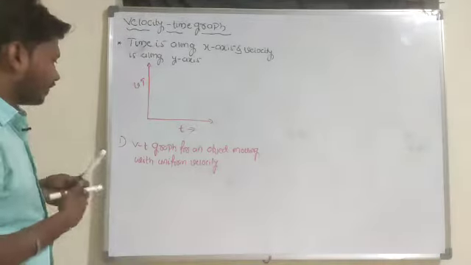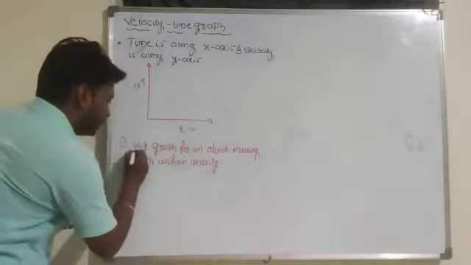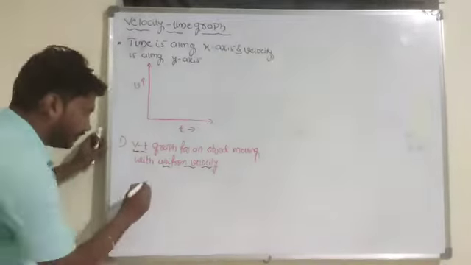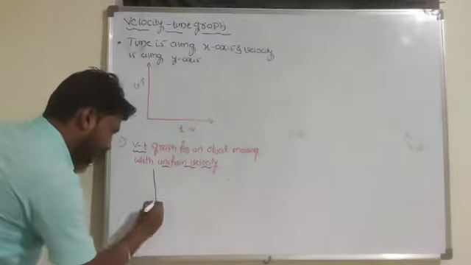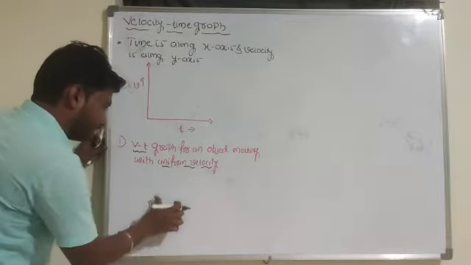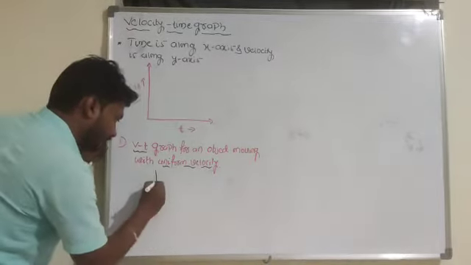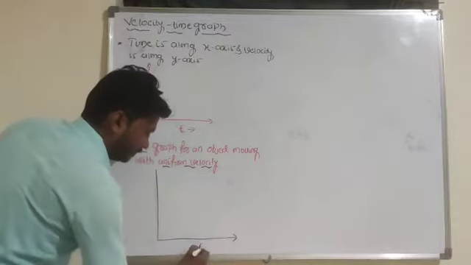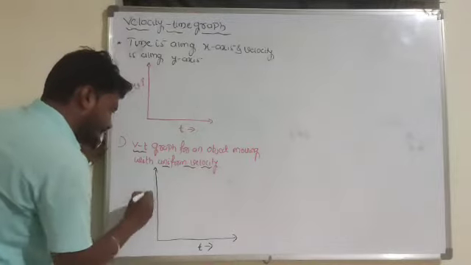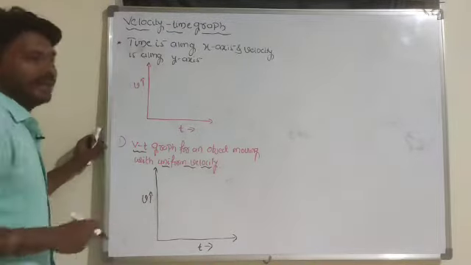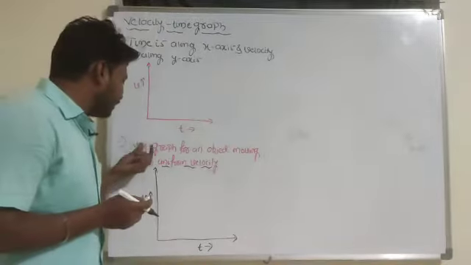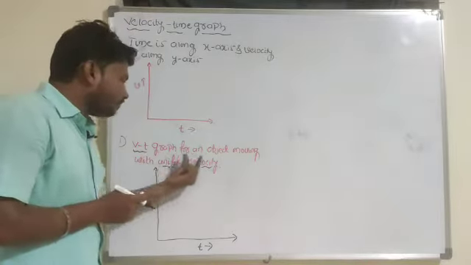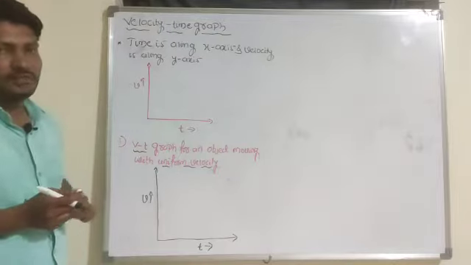Now I have to draw the nature of the graph for uniform velocity in a VT graph. Time is along the x-axis and the velocity of the object is along the y-axis.